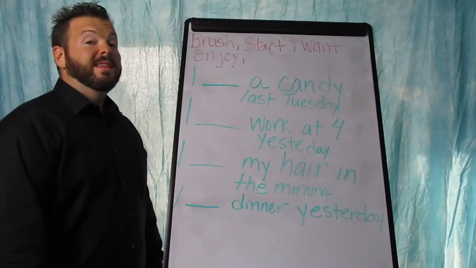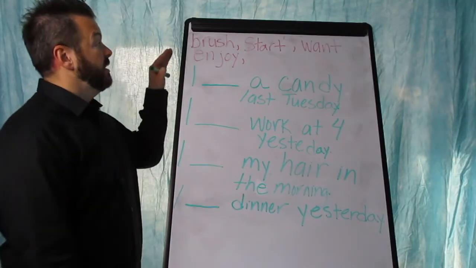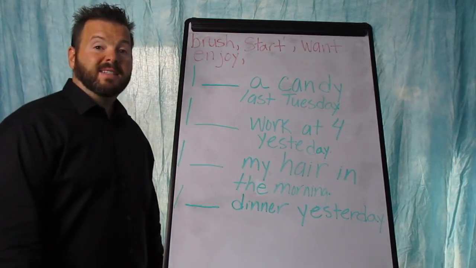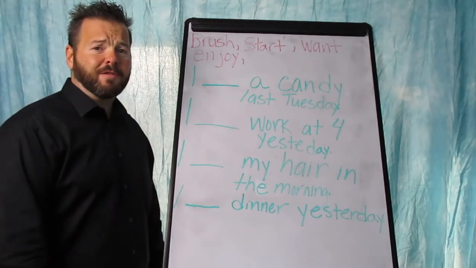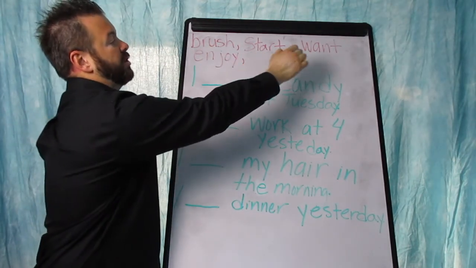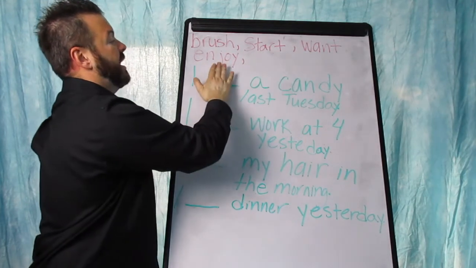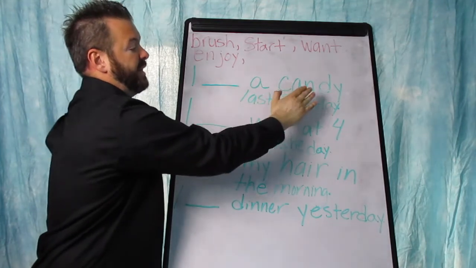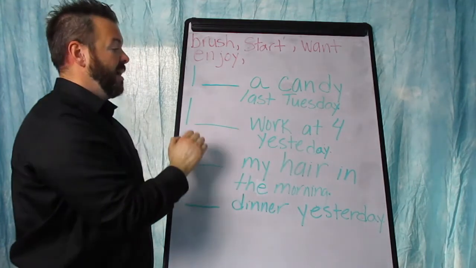Okay, let's make sentences using these verbs in the simple past. Let me read everything for you. Brush, start, want, enjoy. I, a candy last Tuesday.